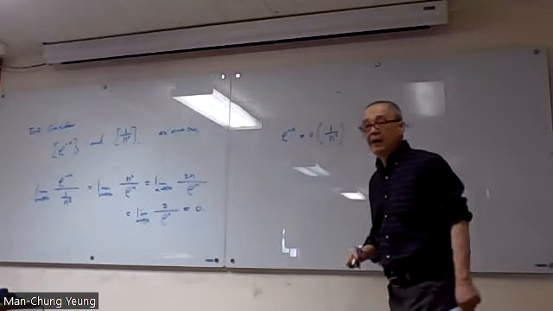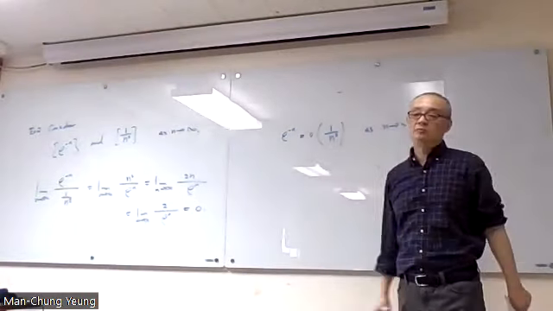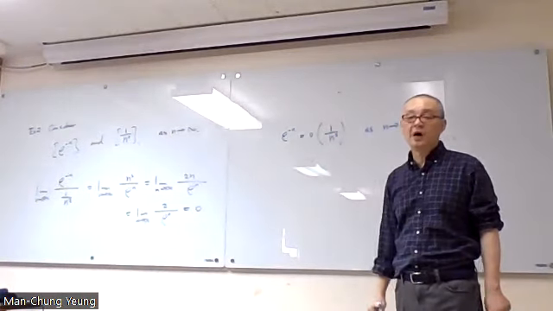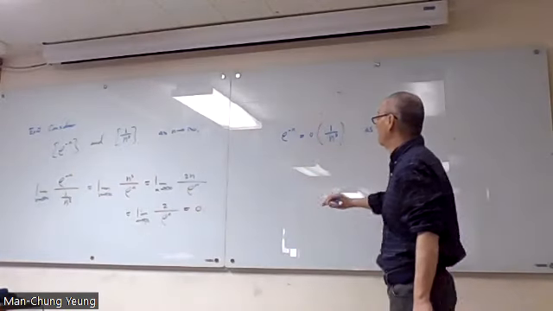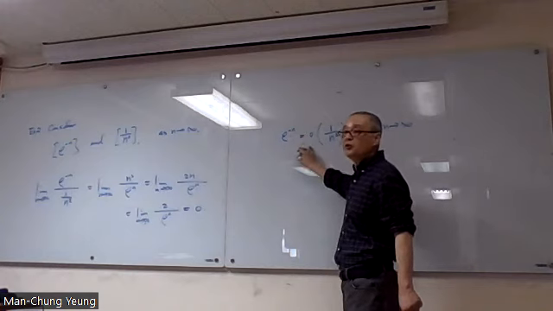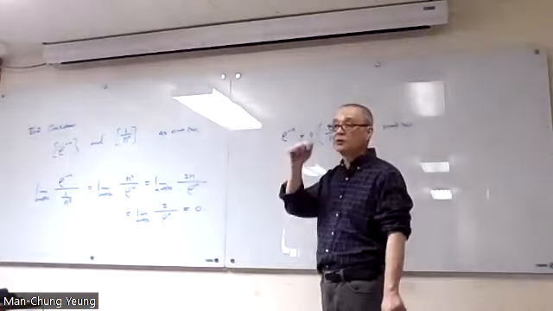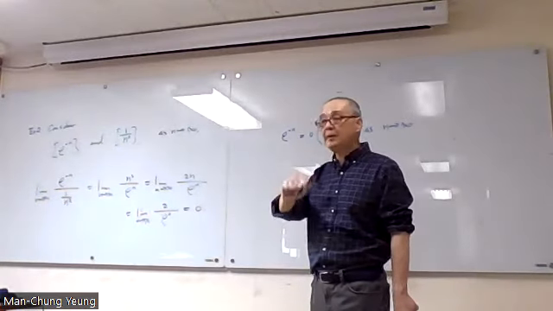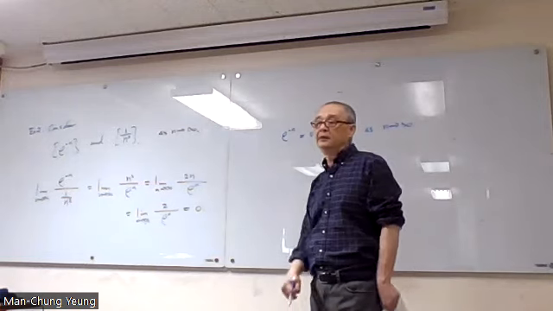That means that when n is very large, I can find a neighborhood of infinity in which e to the negative n is much smaller than 1 over n squared. Little o means much smaller, in some neighborhood of infinity.